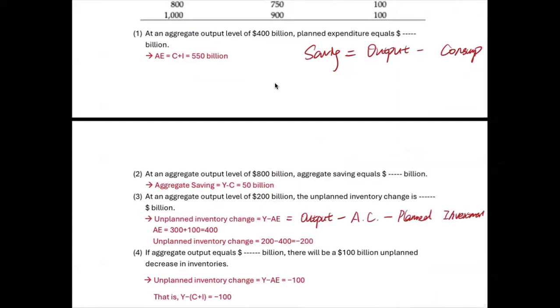And for question 4, at what aggregate output level will there be a 1 billion unplanned decrease in the inventories? Which means when the unplanned inventory change is negative 100.